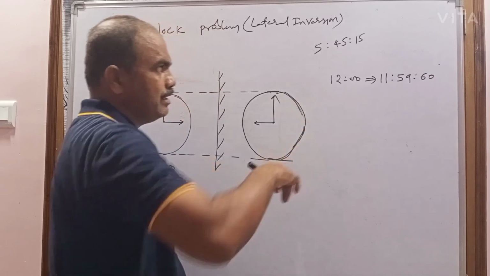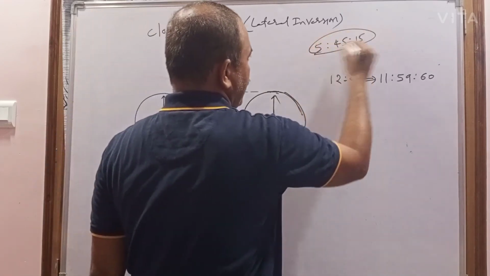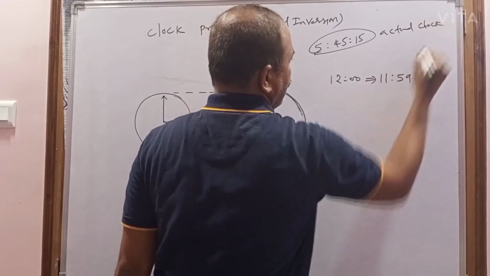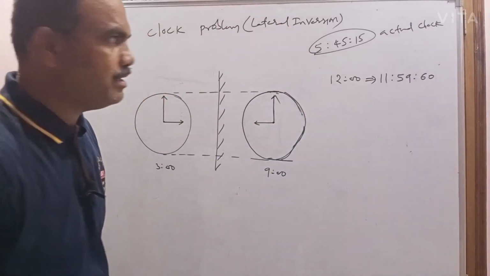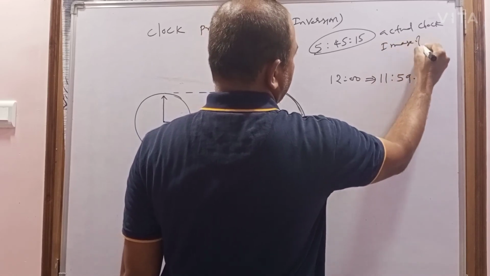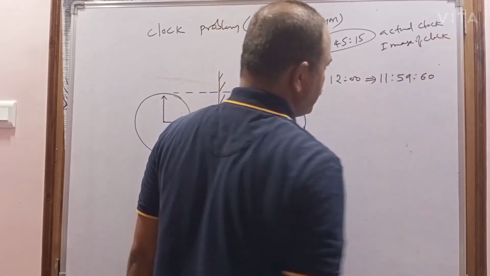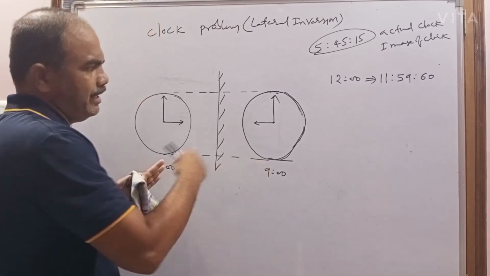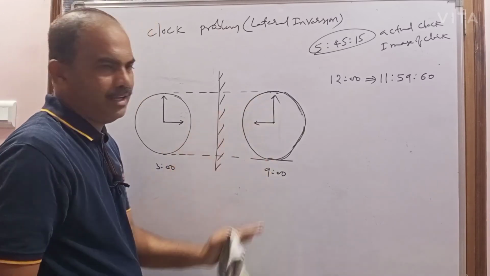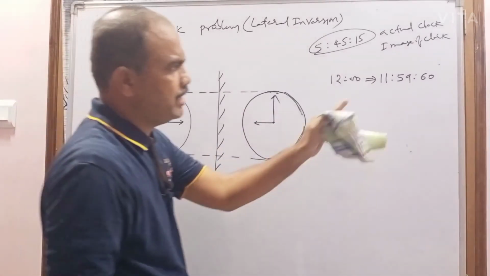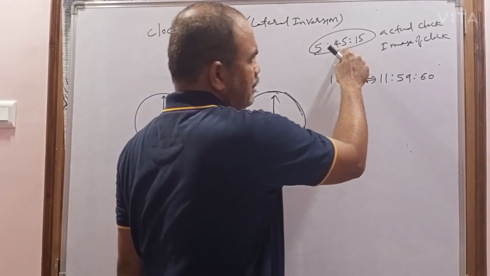This is the time shown by the actual clock, but you have to write the answer for the time in the image of the clock. Now you can guess by drawing the diagram, but drawing the diagram will be difficult. That's why the easy trick is to subtract this time from 12 o'clock.